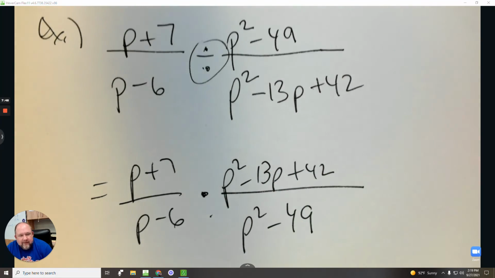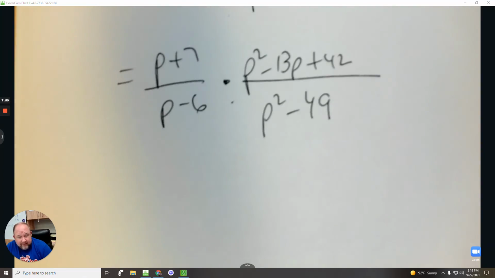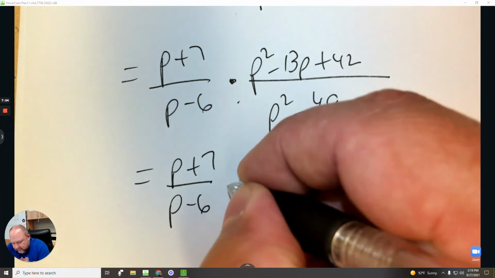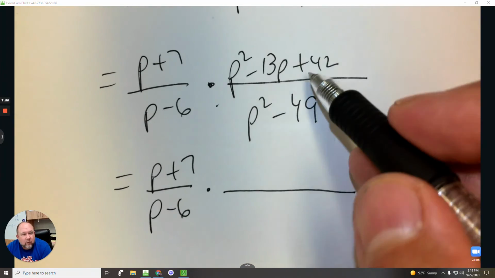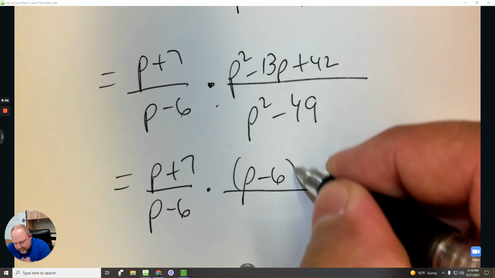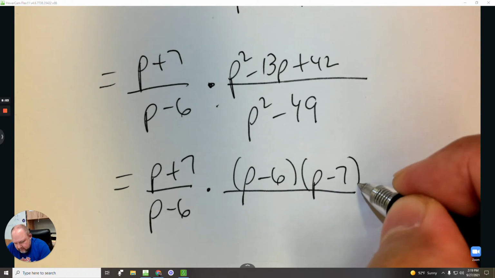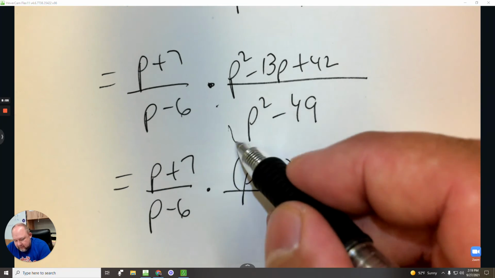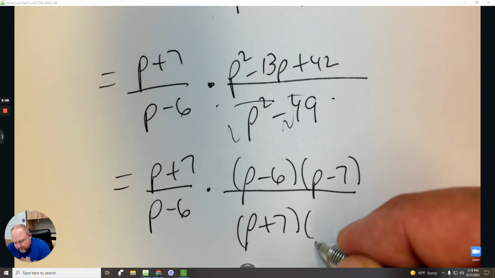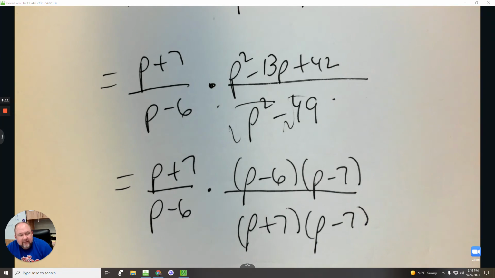At this step, this is exactly now like multiplying. So factor what you can. p plus 7, p take away 6 is prime. What two numbers multiply to 42 and add to -13? The denominator is a difference of squares. That's p plus 7 and p subtract 7.